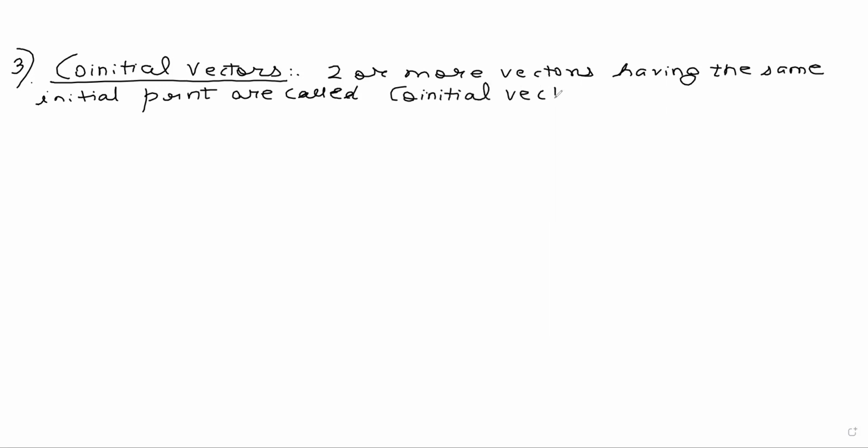Two or more vectors having the same initial point are called co-initial vectors. Very simple. If there are two or more vectors having the same initial point, that means they are starting from the same point, they are called co-initial vectors.